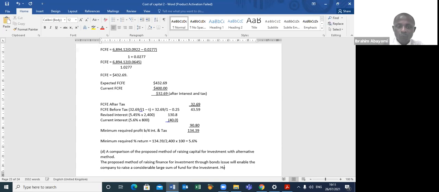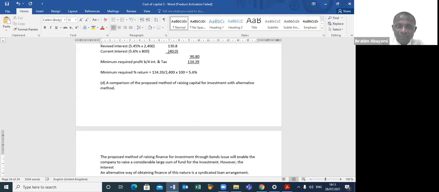However, the interest rate on bonds is often high.